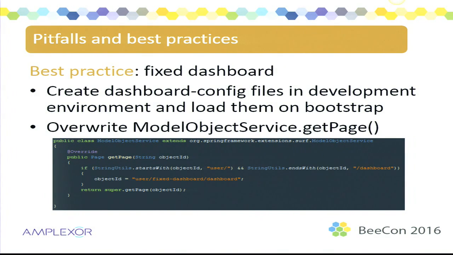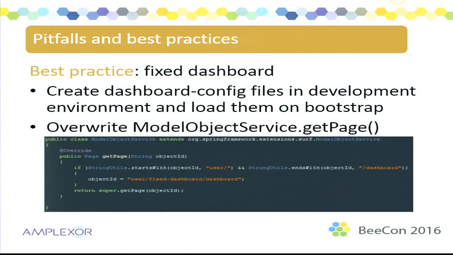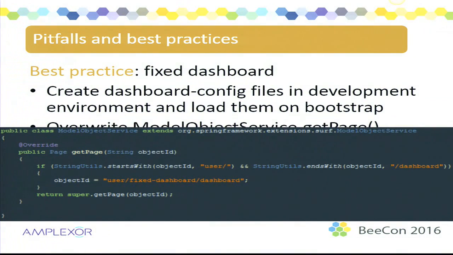Well, you remember those couple of XML files? In your development environment, you can manually create them and load them on Bootstrap. And as a second step, you overwrite the model object service get page, and every time it tries to fetch a page with the object ID user that starts with user and ends with dashboard, you're going to overwrite that page ID and refer it to your fixed dashboard configuration.